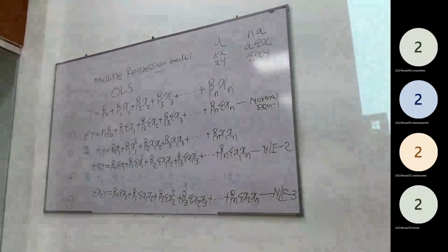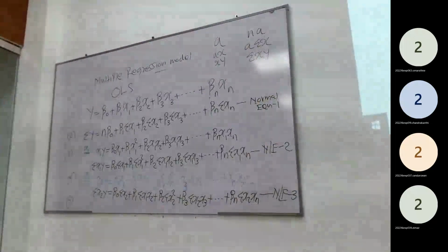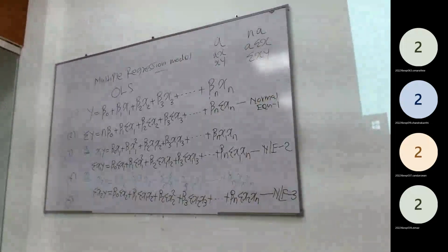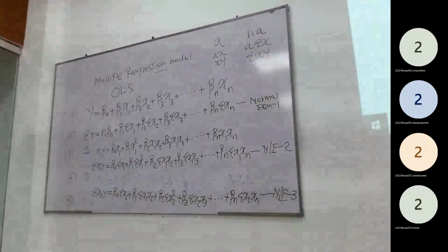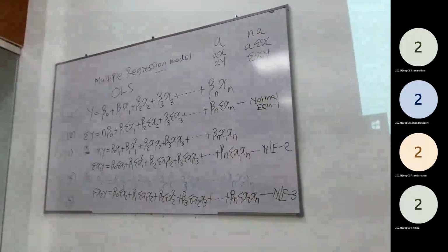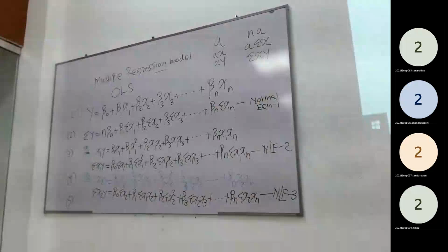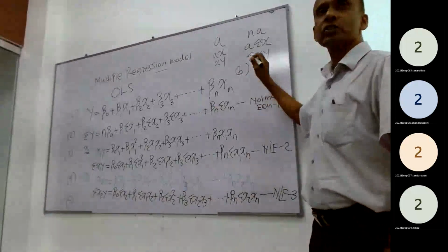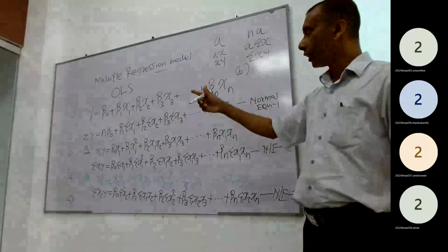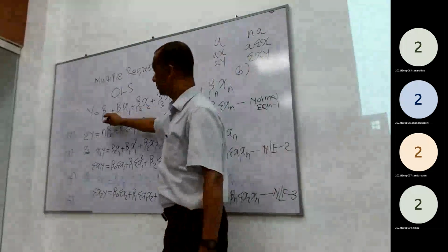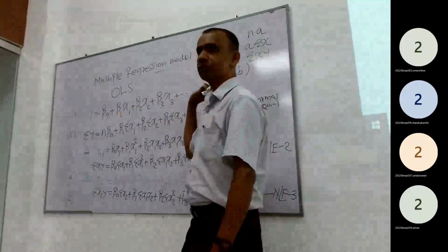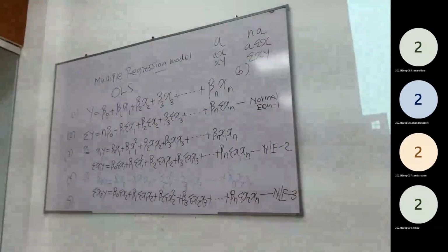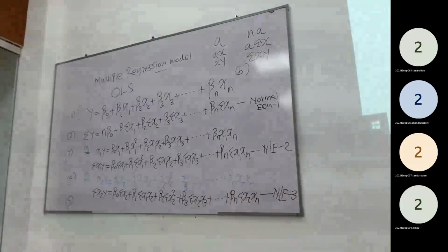Finally, when you solve the simultaneous equations, you can obtain the intercept and all these beta values. Then last step, solve simultaneous equations.